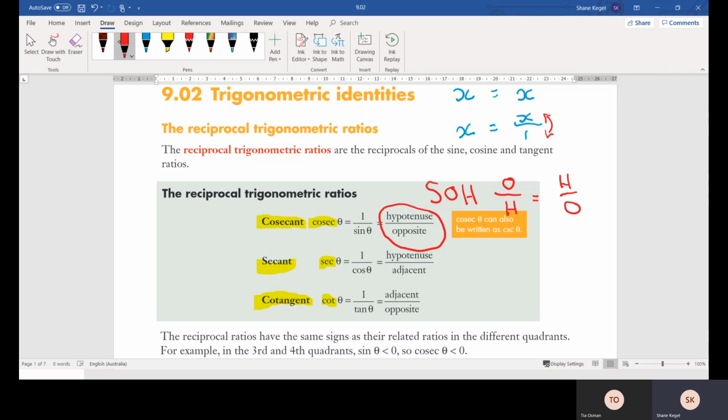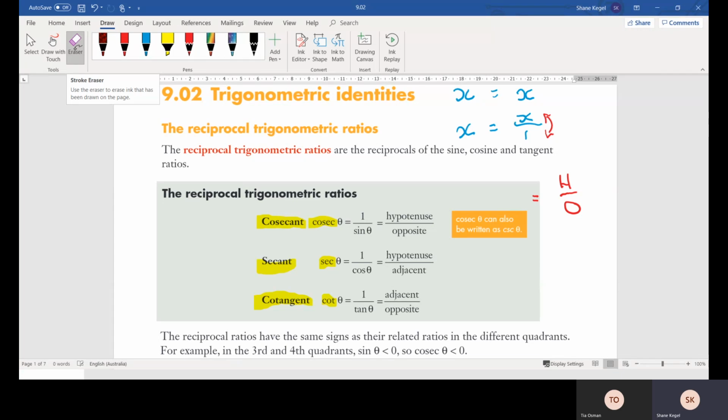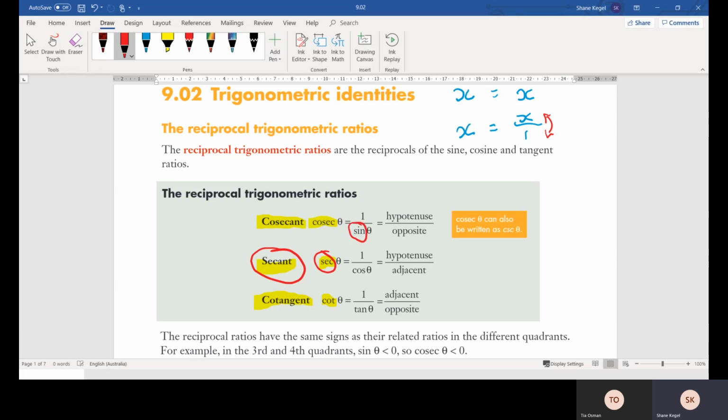Now, in regards to remembering which one is which, there is no real cheap way of remembering it. If anything, secant or sec looks more like it should be sine, and the word cosec looks more like cos. But essentially, we're just swapping those around.